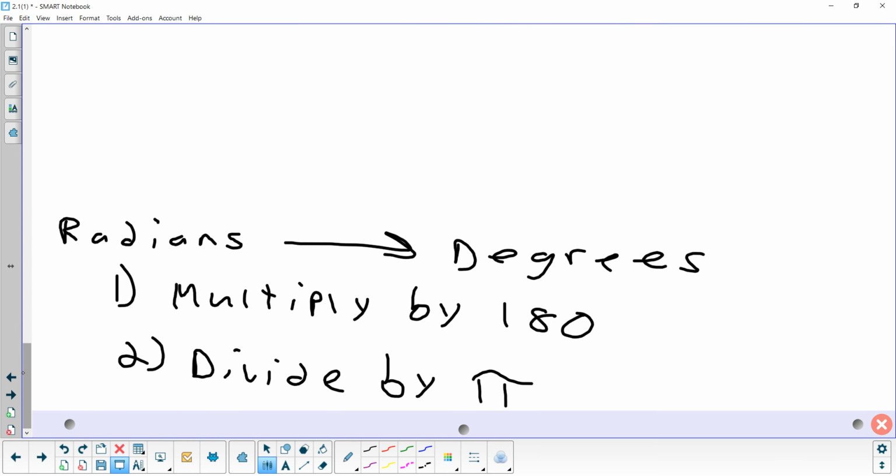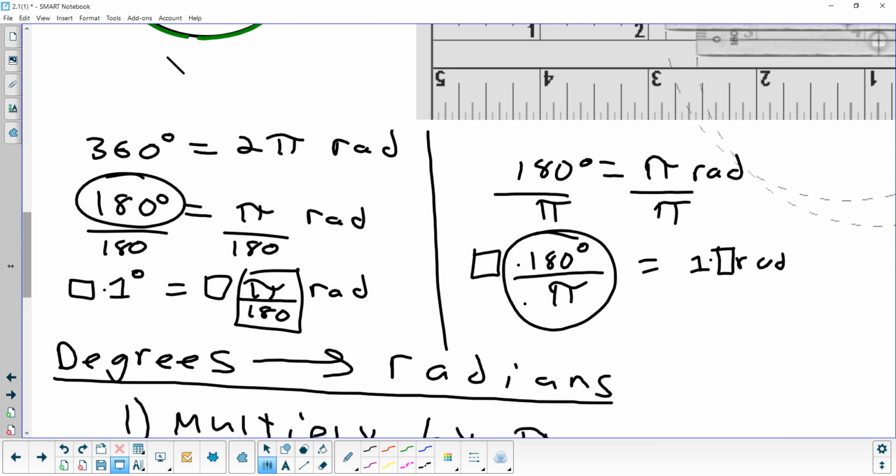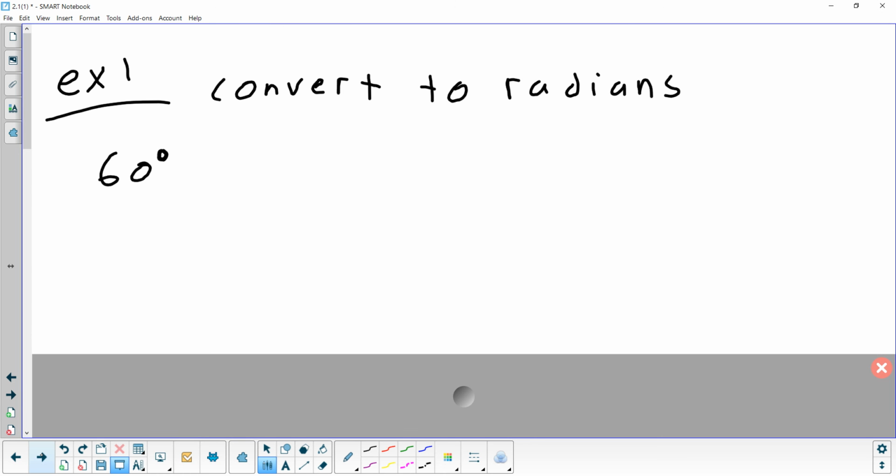The only thing you have to remember is when I say degrees, I want you to think 180. When I say pi, I want you to think radians. So just connect those two things in your head. Degrees, 180. Radians, pi. Okay, and then we'll go through some examples for how to convert that.